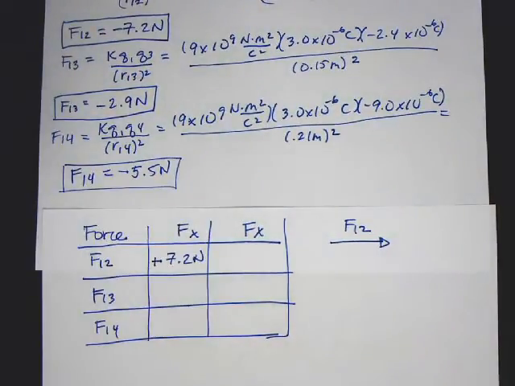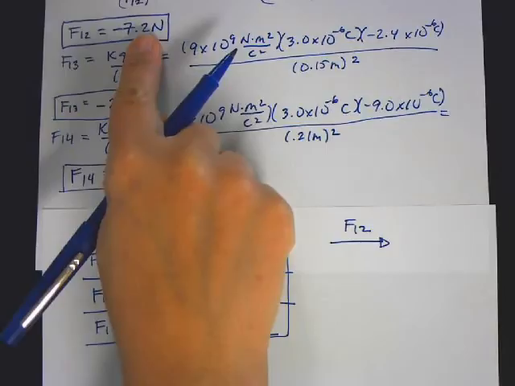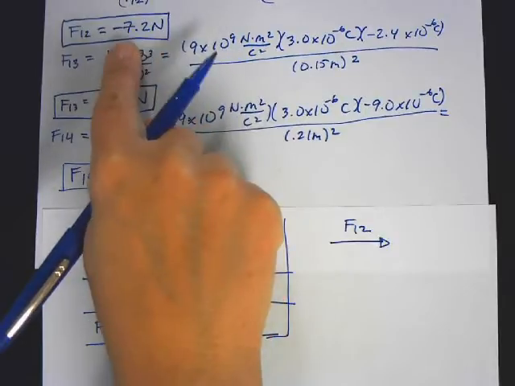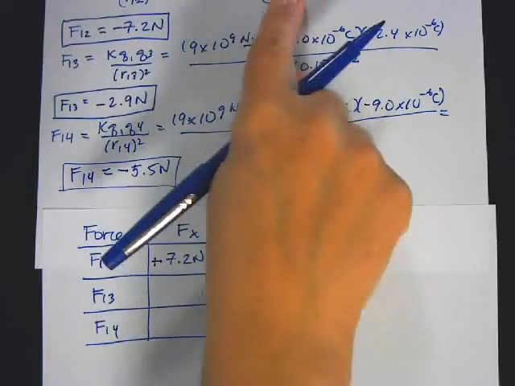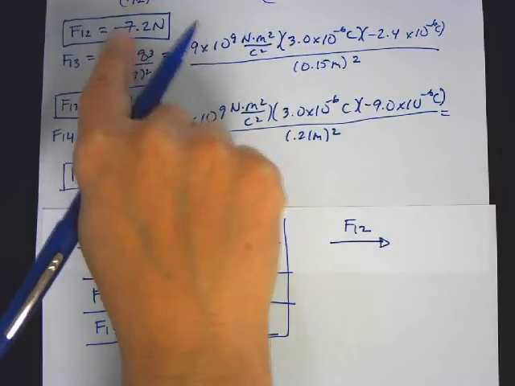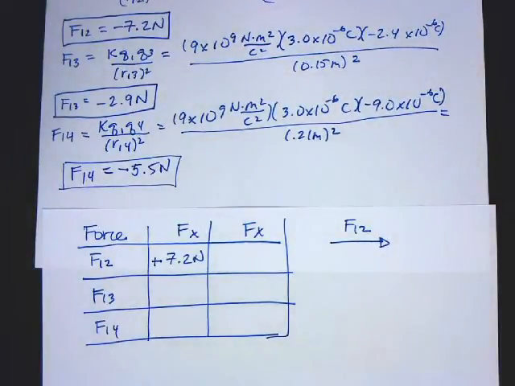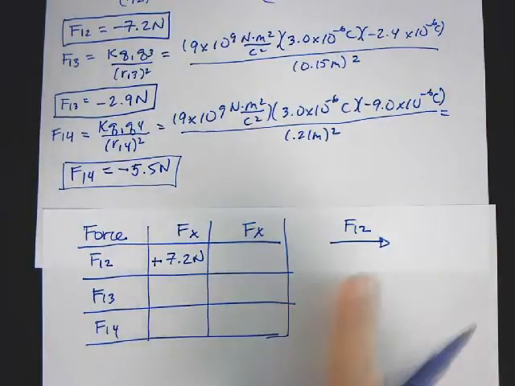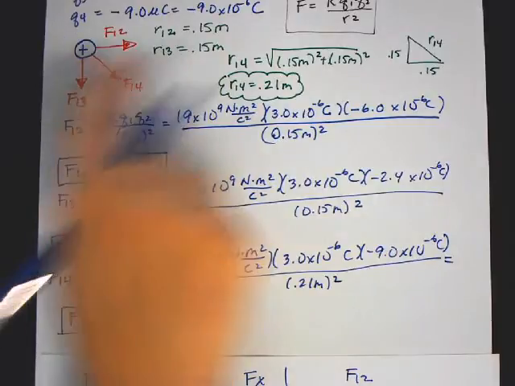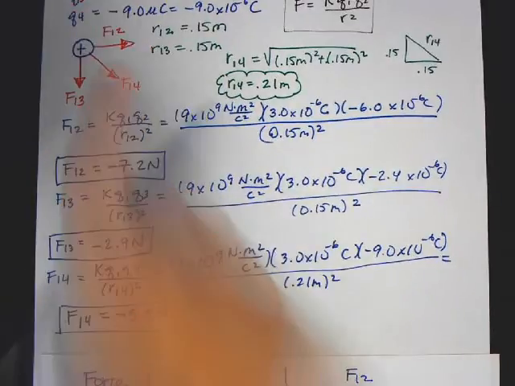This negative sign means I have two different charges, so it's a force of attraction. They're attracting one another. Whereas here, I need to look at my picture up here to see which direction they're going. I know it's pointing in this direction, so that's going to be positive. That should be a Y. Whoops. This is Y. And it has no Y component, so this is 0.